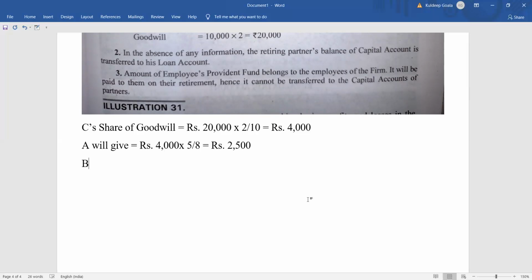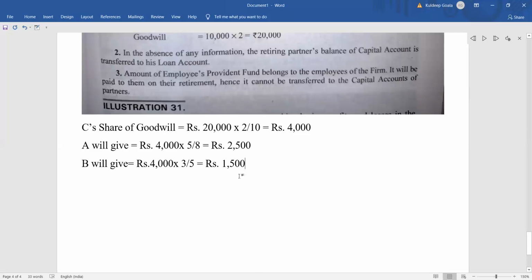And how much will B give? B is going to take how much? Rupees 4,000 into 3/8, isn't it? So 3/8, how much is it coming? 1,500. This is the gain.